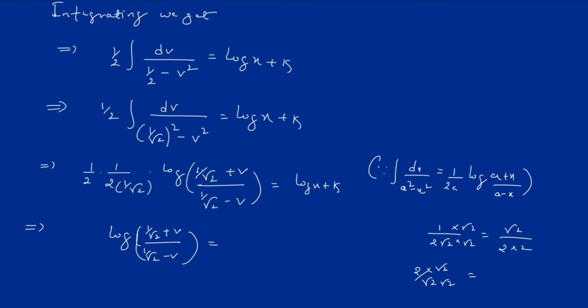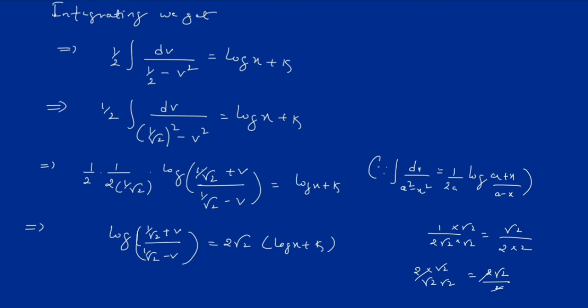So we get 2 root 2 upon 2, the 2s get cancelled, only root 2, right? Here also 2 is already there, so we get root 2. So taking 2 root 2 to the RHS, it becomes 2 root 2 log x plus constant k.